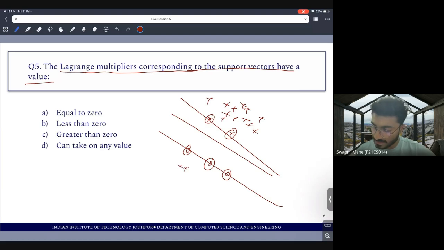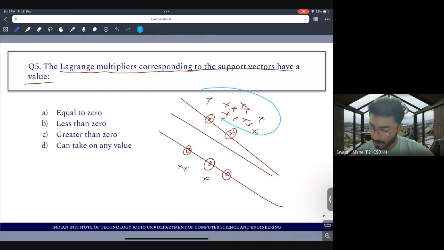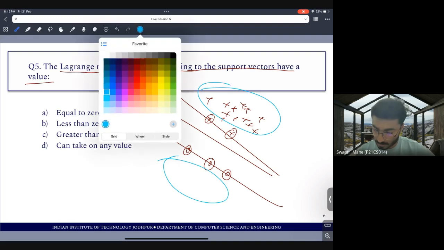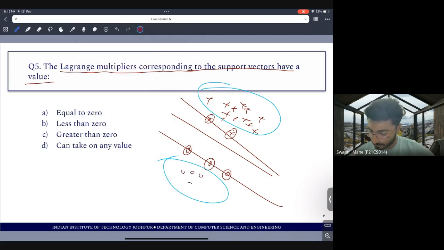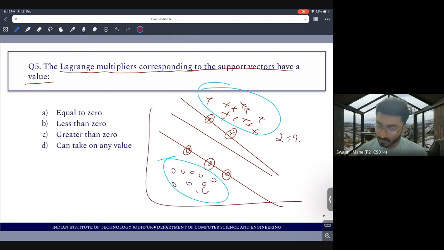So what is the Lagrange's multiplier, that is, the alpha value, for this set of points which are not support vectors? Yes, anyone?